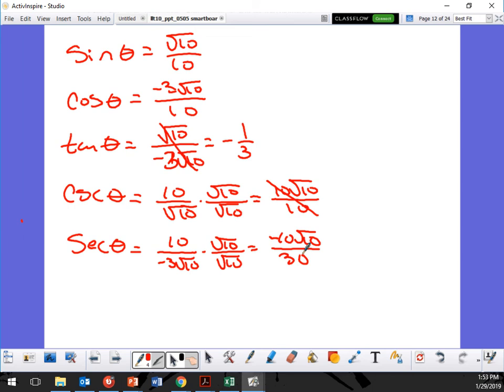Divide. It's reduced, right? Negative rad 10 over 3. Cotangent, take my tangent and do what? Flip it over. So if tangent's negative 1 over 3, my cotangent is negative 3 over 1, or just negative 3.